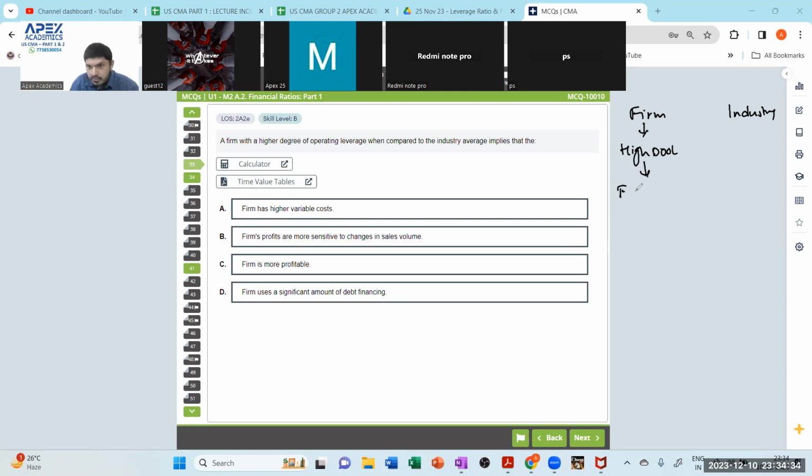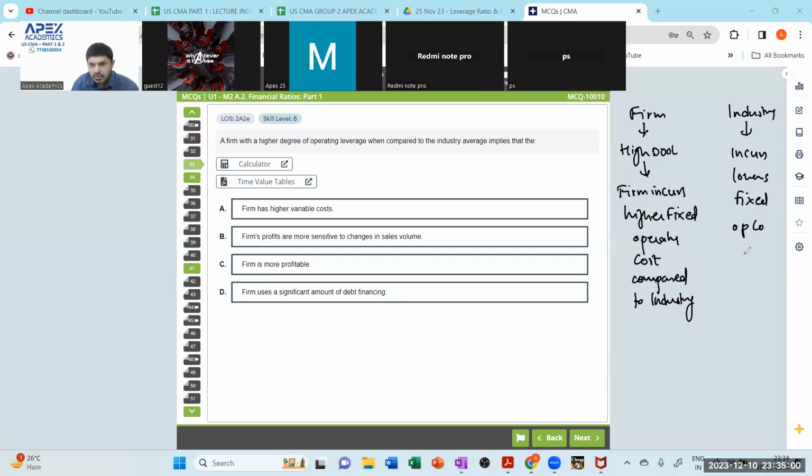This firm incurs higher fixed operating cost compared to industry. Industry incurs lower fixed operating cost compared to the firm.